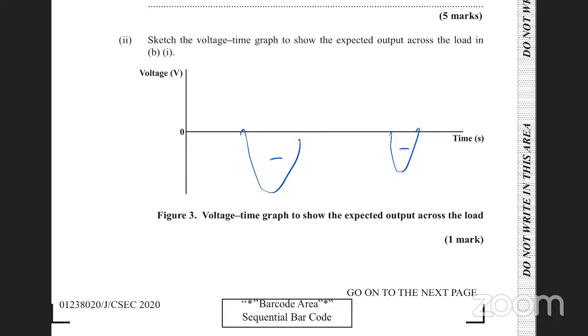Remember in our explanation, we said forward bias was positive, right? Okay? That's it. We have more.